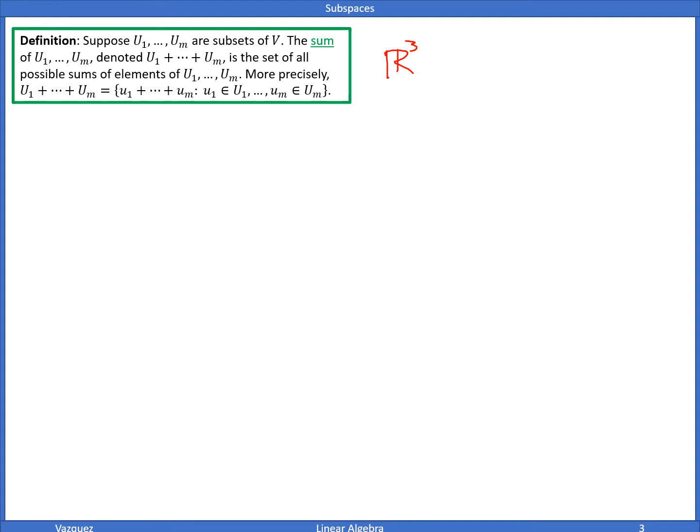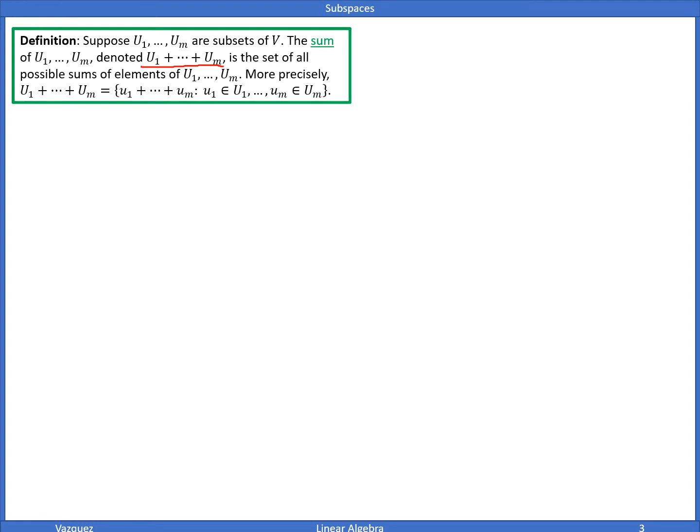But now we can move on to sums. So could you add vector spaces? Well, if U1 through UM are subsets of V, the sum of U1 through UM, denoted as it shows here, U1 plus dot dot dot all the way to UM, is the set of all possible sums of elements of U1 all the way to UM.